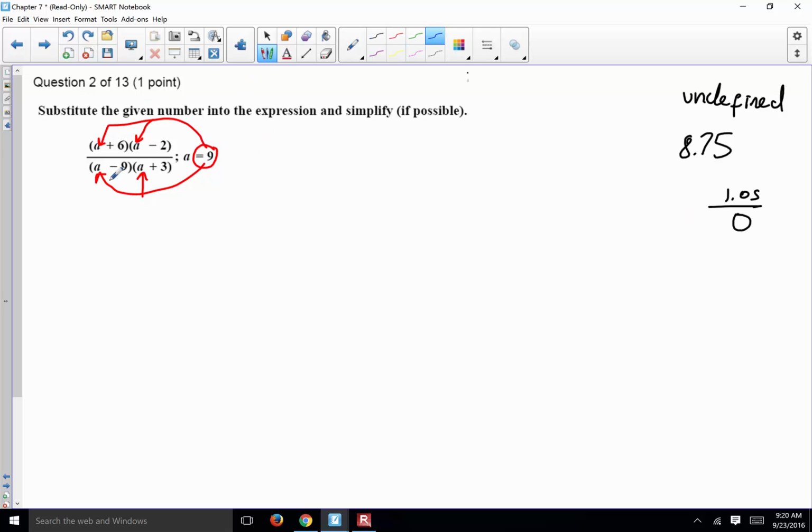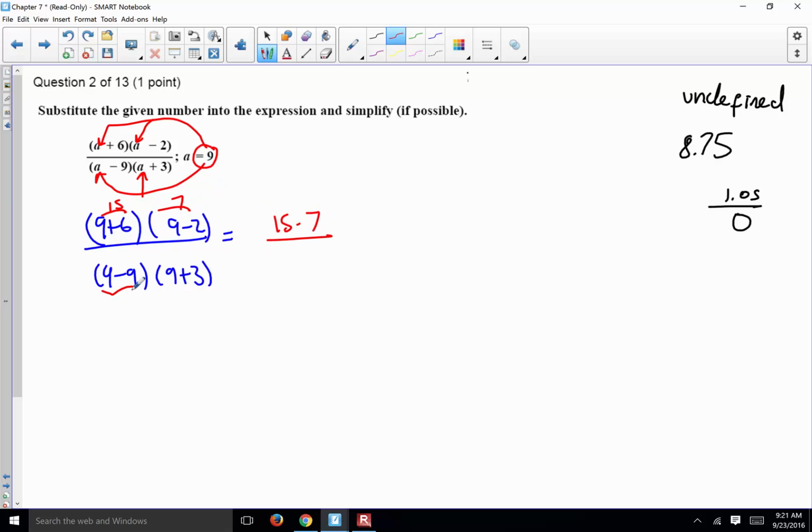I put 9 everywhere, right? 9 plus 6 in this parentheses. 9 minus 2 in that one. 9 minus 9. 9 plus 3. Well, we need to do parentheses first. This is 15, this is 7. So it's 15 times 7 on the top. And this is 0, and that's 12. 0 times 12 on the bottom.